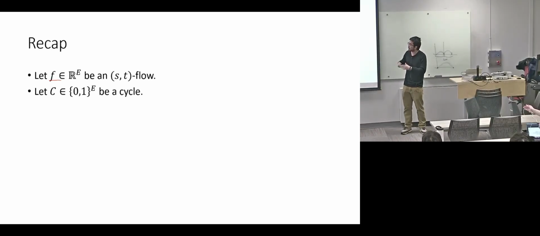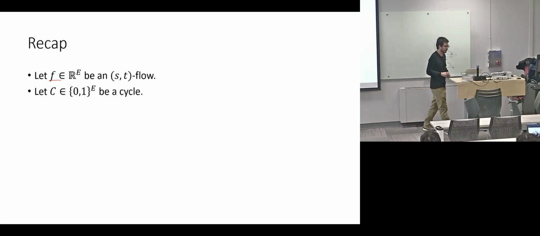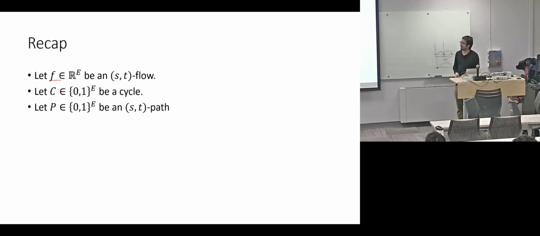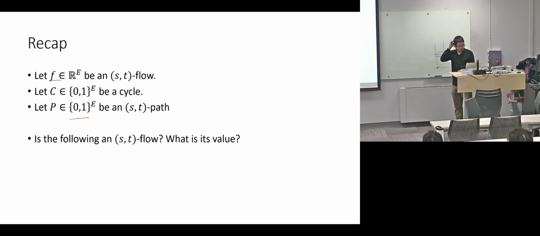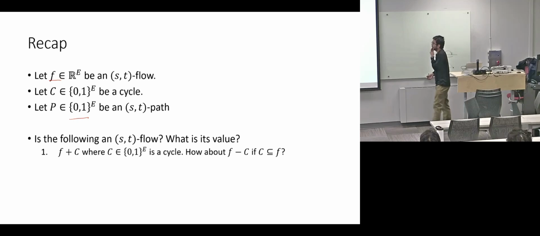So a cycle is like a subset of edges. A path can be represented as a vector like this too. And so here's a quick question I will ask: is the following an ST flow?